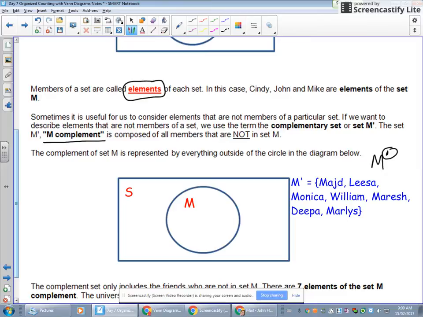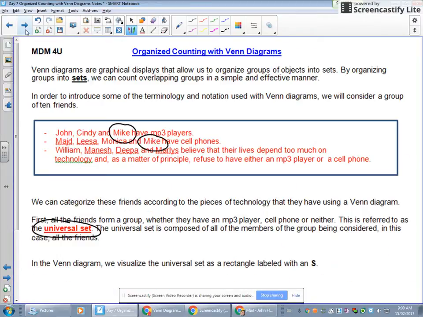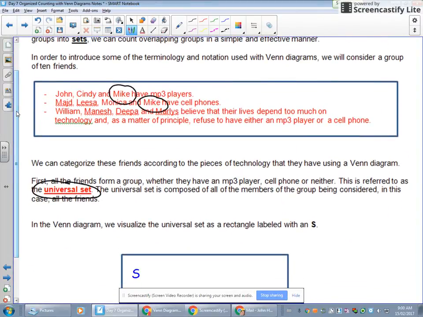Questions about that? So if we look back at our previous page, the total number we've got is 1, 2, 3, 4, 5, 6. Mike was already counted. 7, 8, 9, 10.